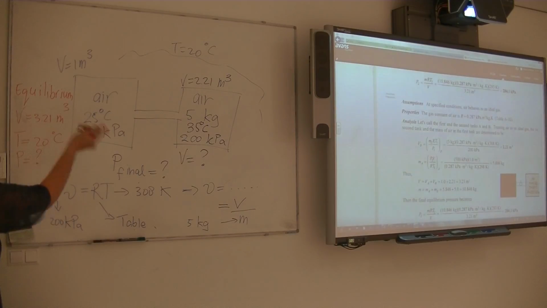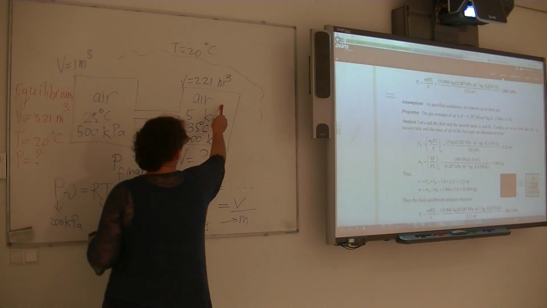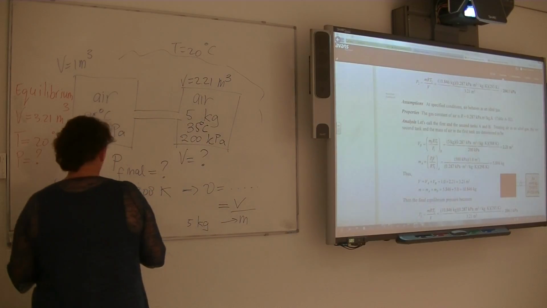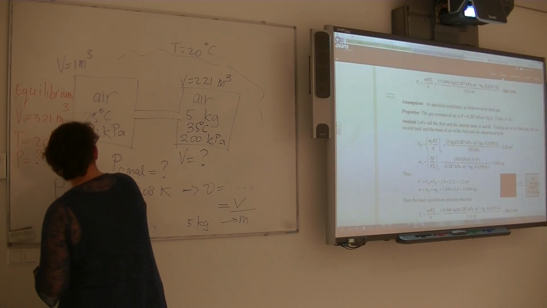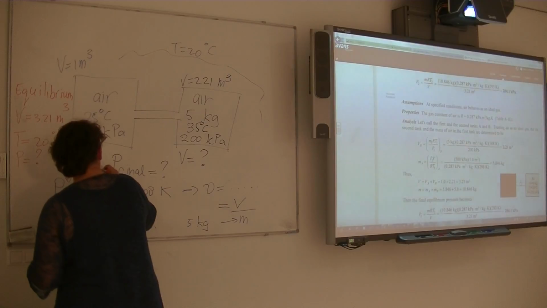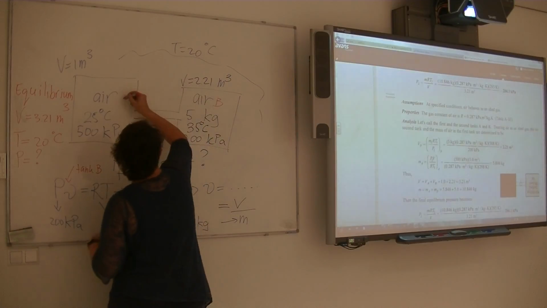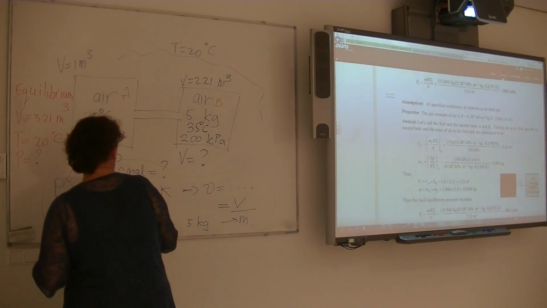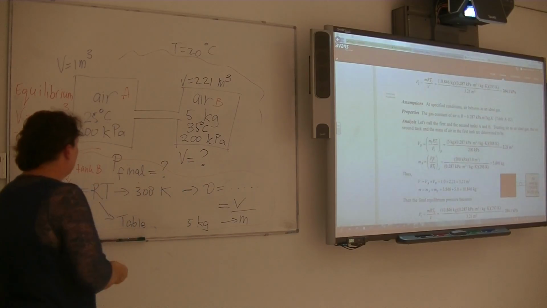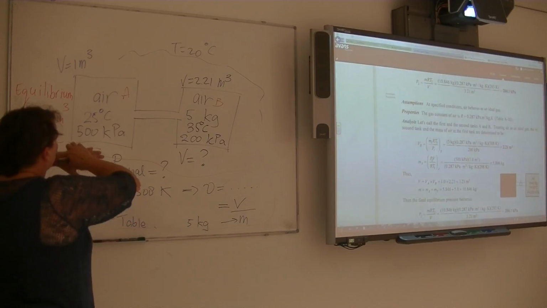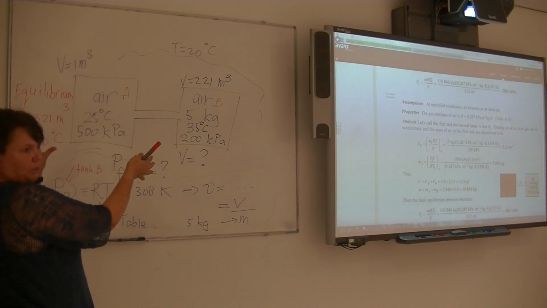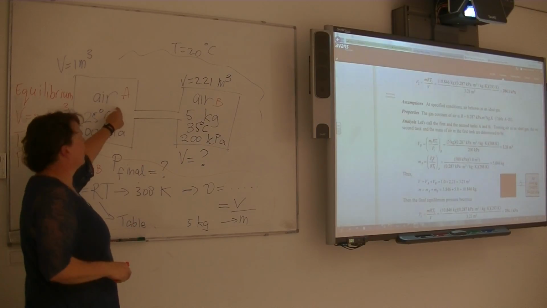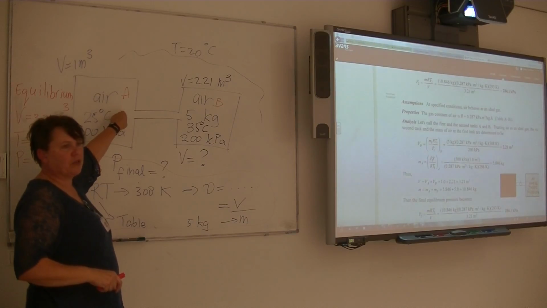We know the total volume, but we don't know the total mass, because this whole calculation was done for tank B. For the total system, we also need to know how much air was present in tank A.